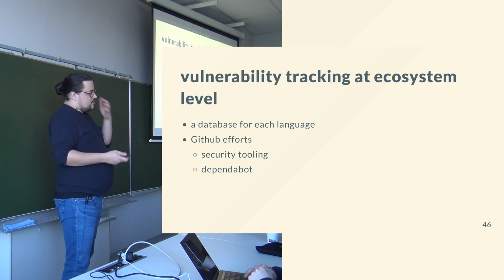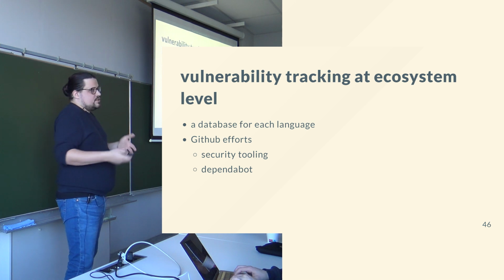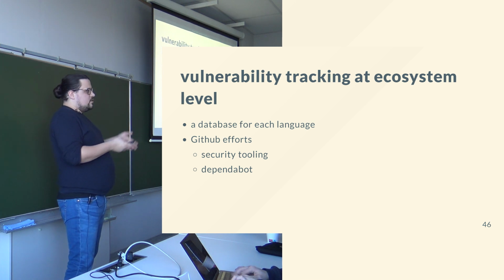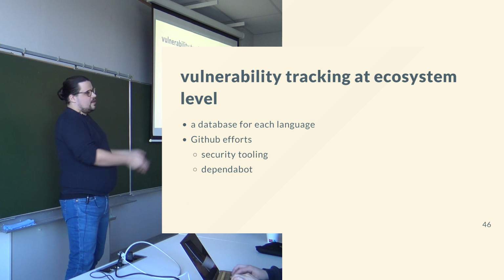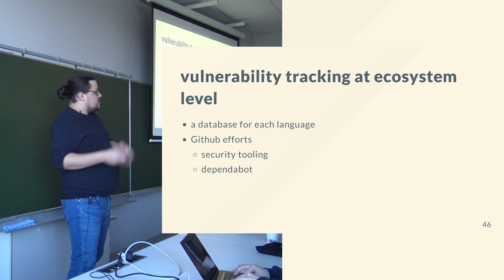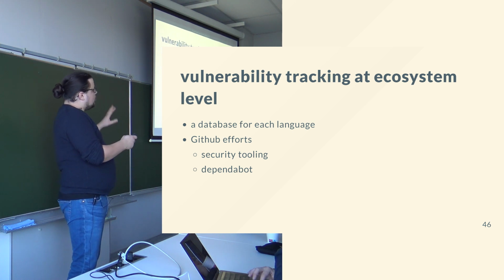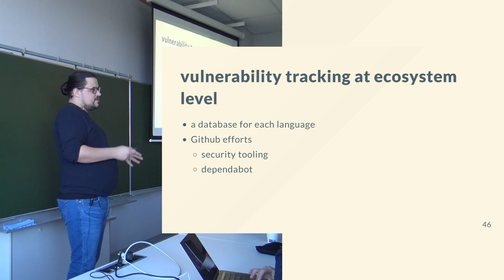So at ecosystem level, we basically have one vulnerability database for each language. So Go has its own vulnerability database, NPM has a vulnerability database, Maven has one, Rust has one, and they are almost all aggregated in the OSV database.